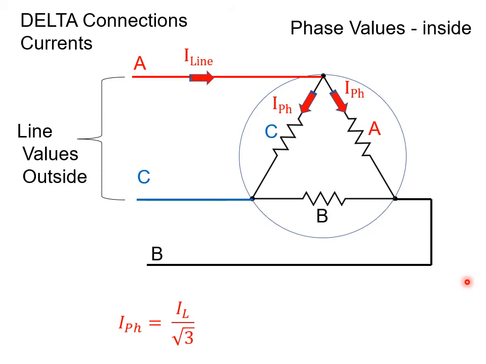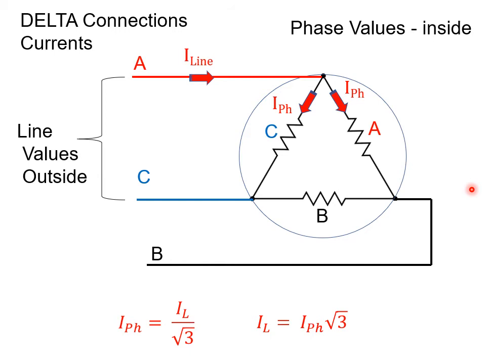Or when I add 2 phase currents together at 120 degrees separation, our line current is bigger than any one phase by a factor of √3. 2 identical values added together at 120 degrees is simply a multiple of √3.